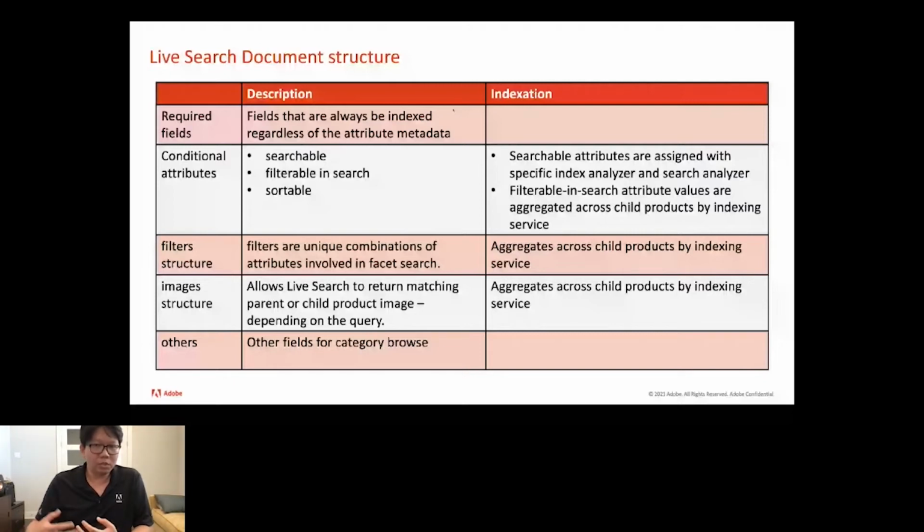Filter structure, this is a unique combination that is involved in a facet search. This is also aggregated across child products during indexation. Image structure, similarly aggregated across child products during indexation. This is what allows LiveSearch to return a matching child product image, for example. And there's another section where we also index other fields for category browse.